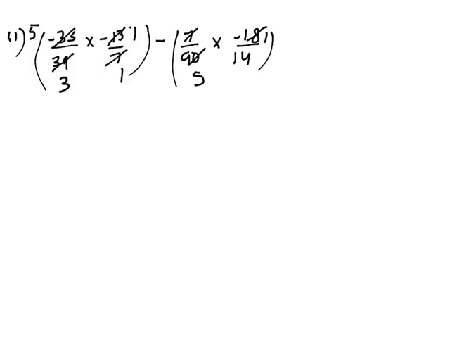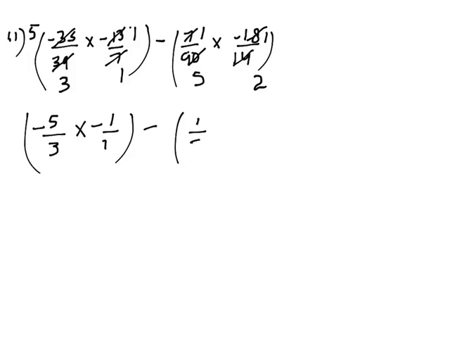And over here also, 7 times 1 is 7 and 7 times 2 is 14. So we are left with minus 5 by 3 times minus 1 by 1. Here we have a negative sign. Then we have 1 by 5 times negative 1 by 2.